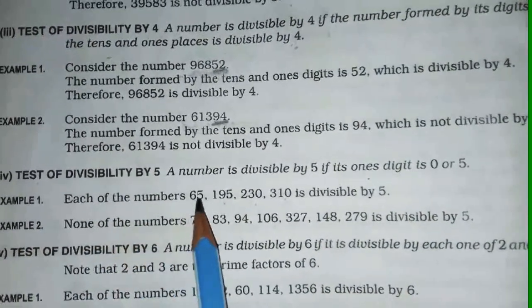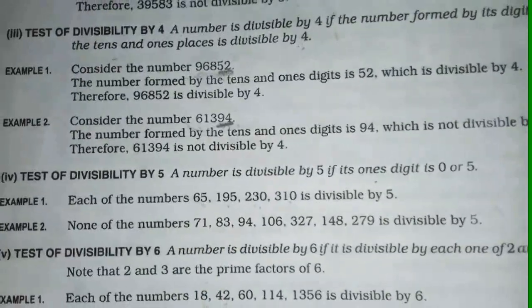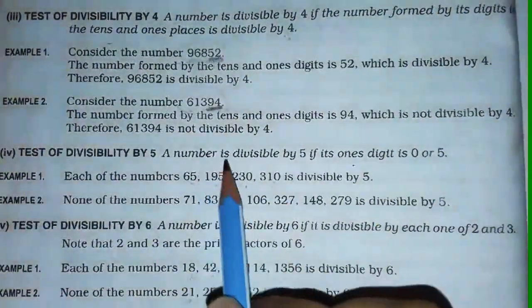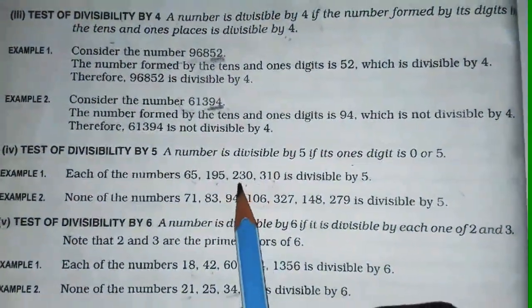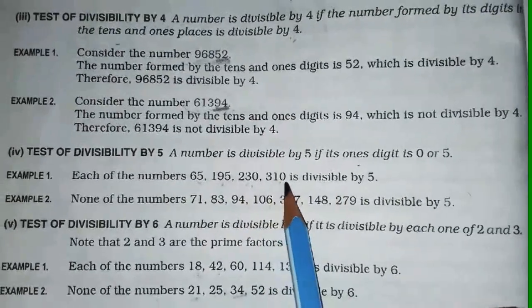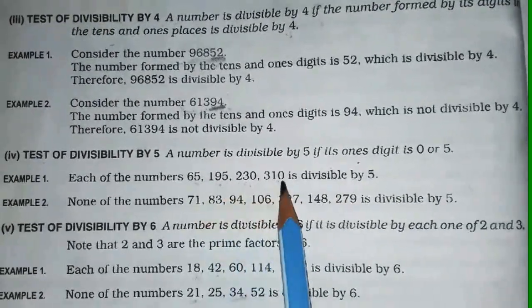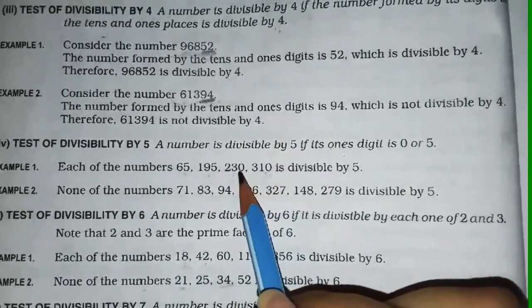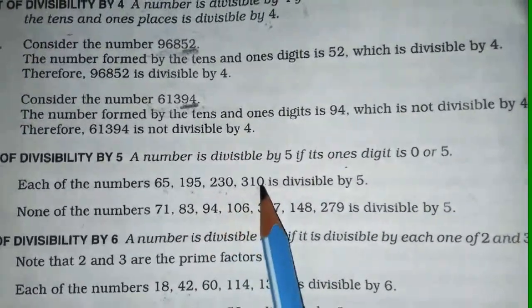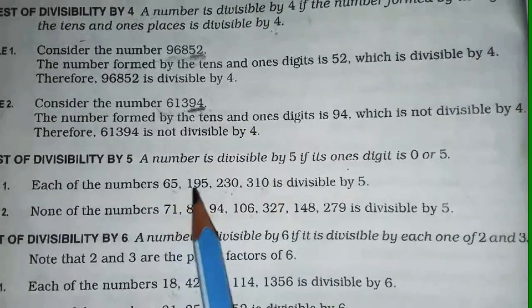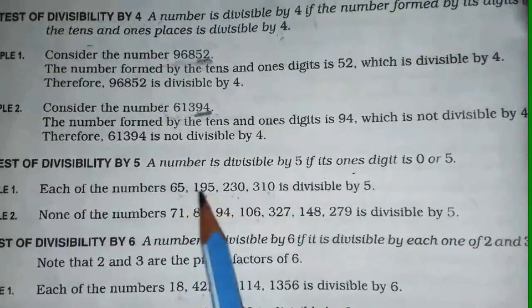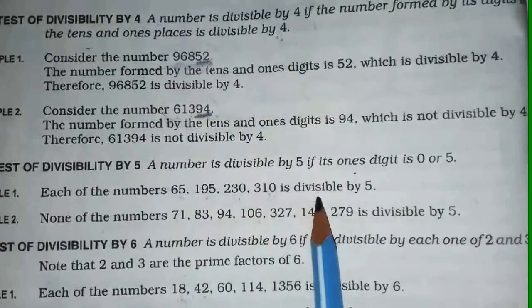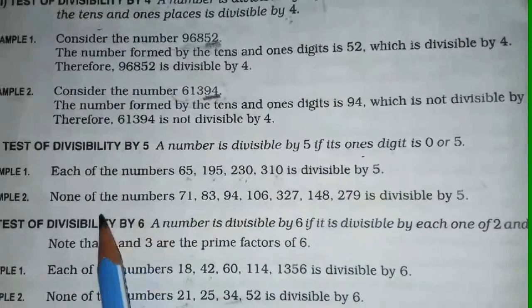Example: 65, 195, 230, 310. In these numbers, 0 is the ones digit or 5 is the ones digit. Therefore, these numbers are divisible by 5.